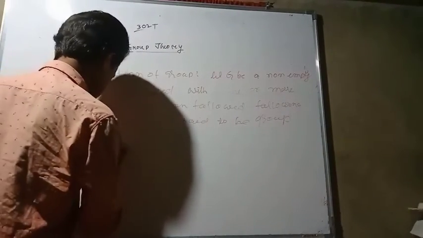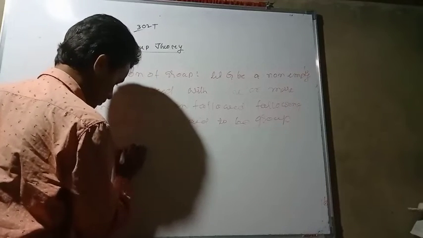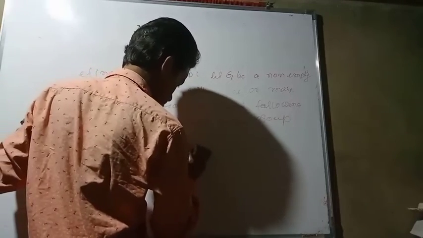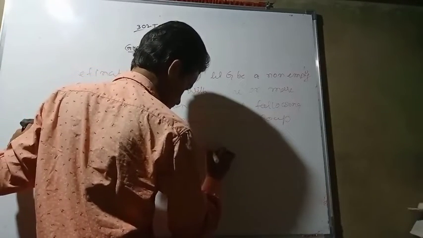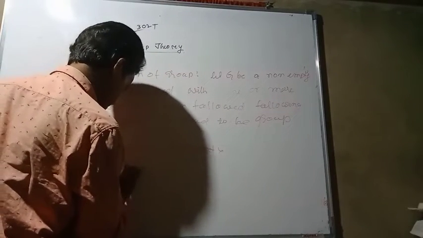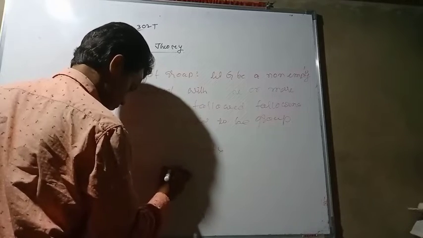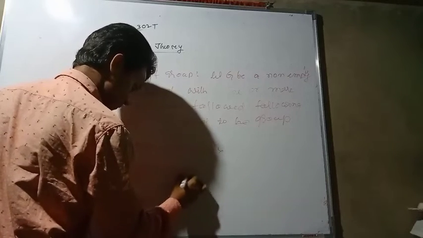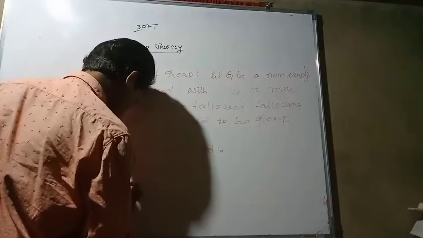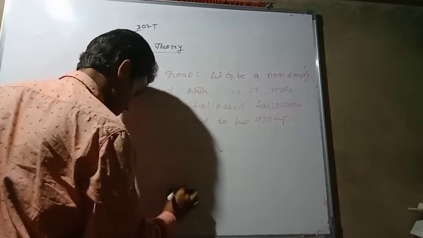First, closure property. Next, associativity. Third, additive identity.